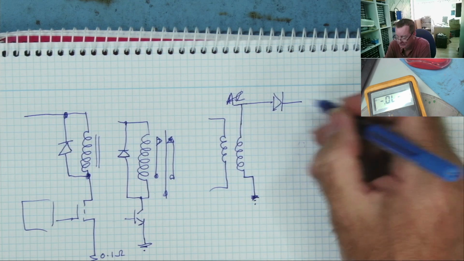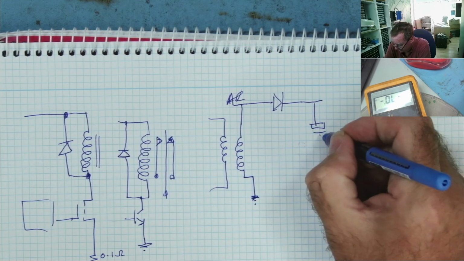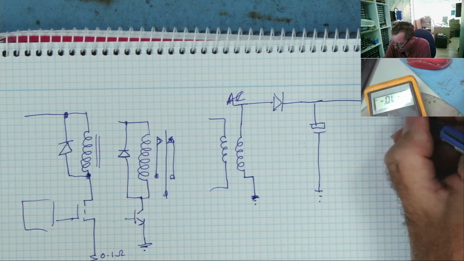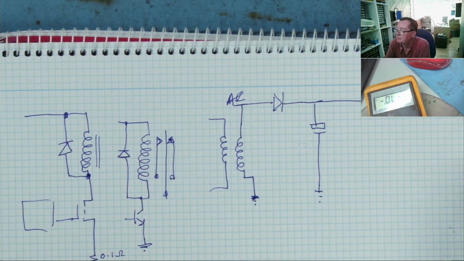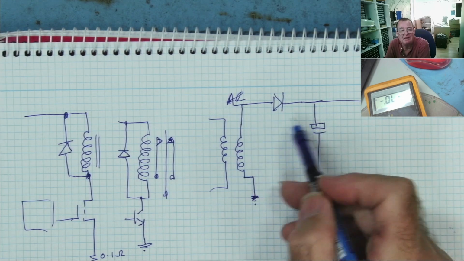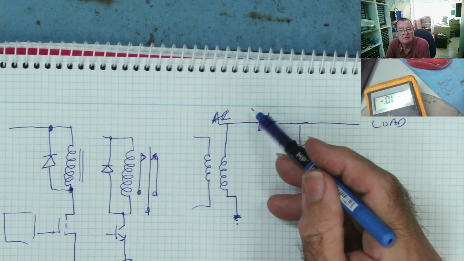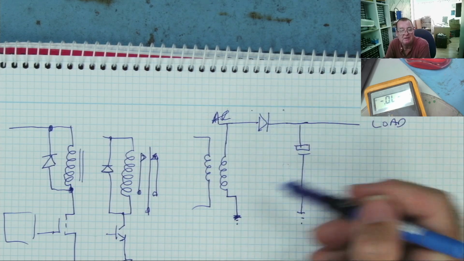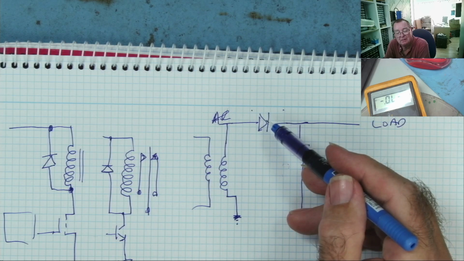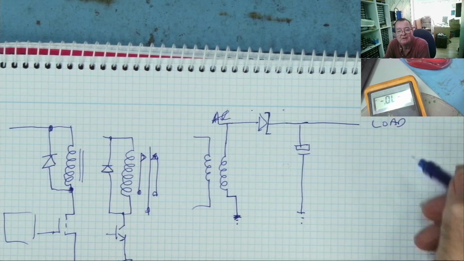You have your rectifier diode. You have your electrolytic capacitor, maybe some inductors for smoothing. Then you have the load, whatever this power supply is driving. Now normally you can measure this diode in circuit and it just looks like a diode. It will conduct in this direction. Put your red lead here, your black lead here, you will see a diode junction. If it's a Schottky diode, you'll see a lower voltage diode junction, but you'll see a diode junction.